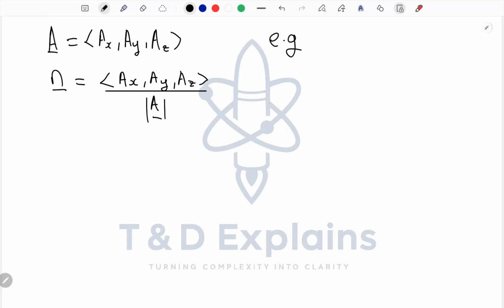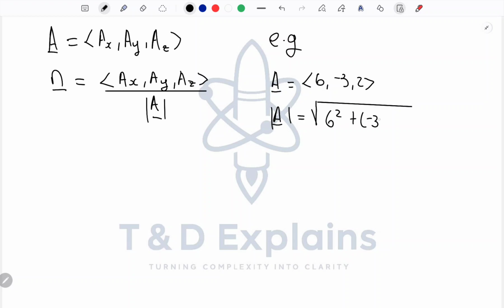Given the vector A equals 6 comma negative 3 comma 2, the magnitude of A is going to be the square root of 6 squared plus negative 3 squared plus 2 squared. This equals the square root of 49, and we know that the square root of 49 is 7.